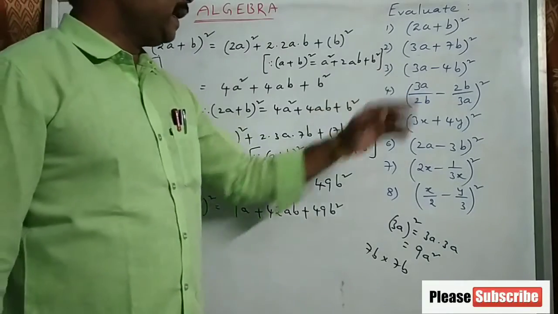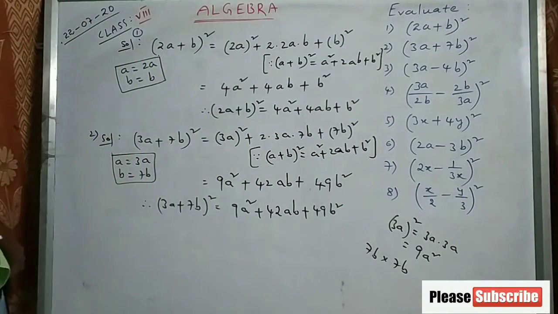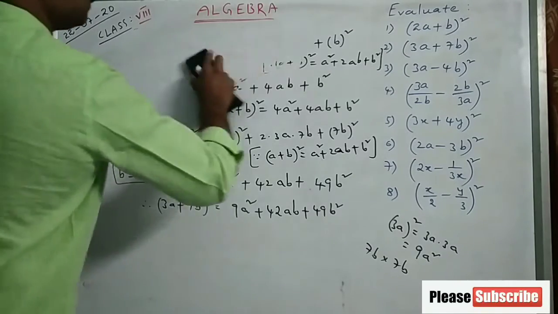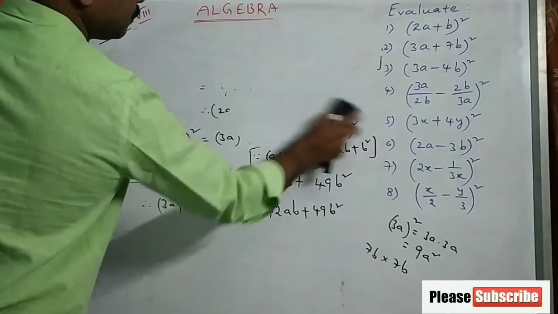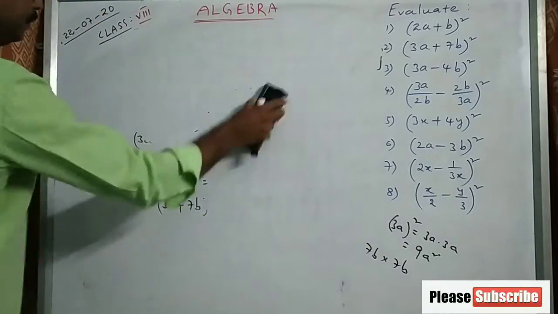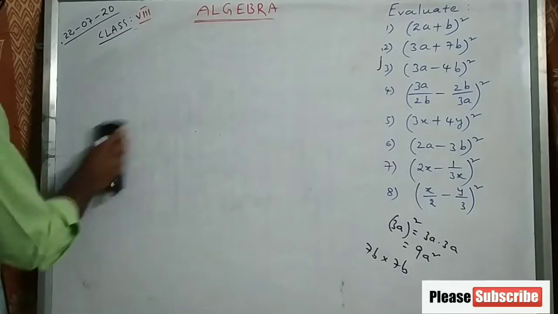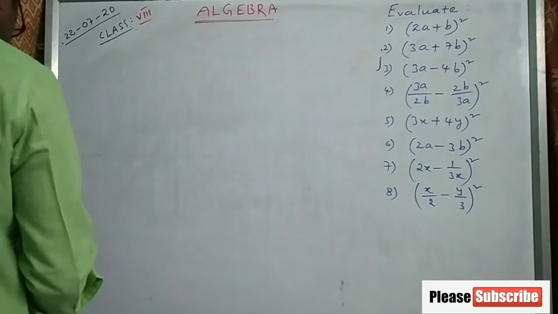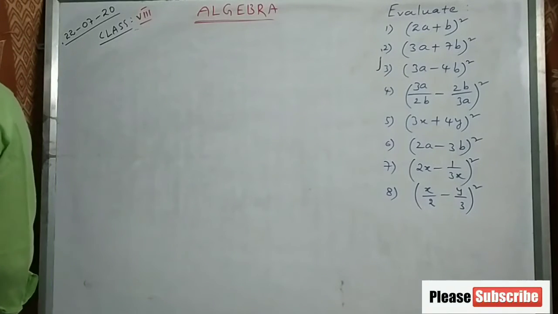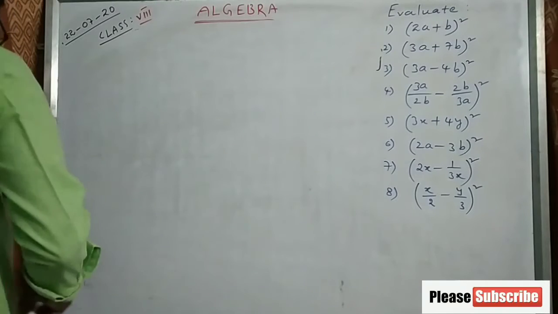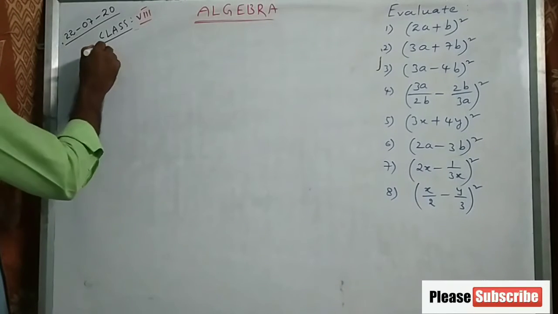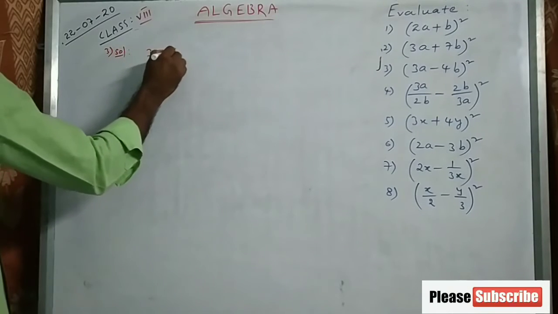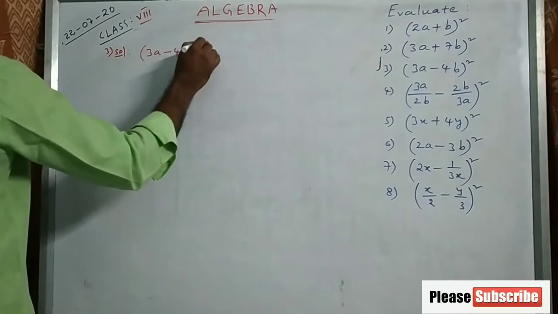Third and fourth are again the (a minus b) whole square model. Clear now? So third solution we will see. (3a minus 4b) whole square.